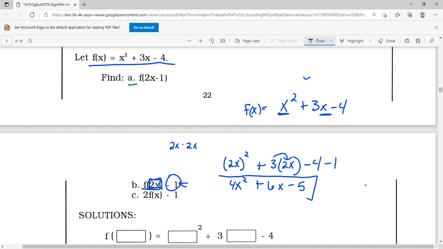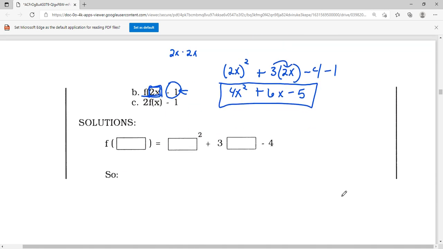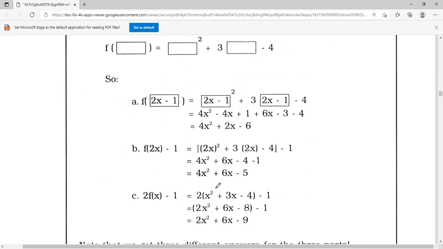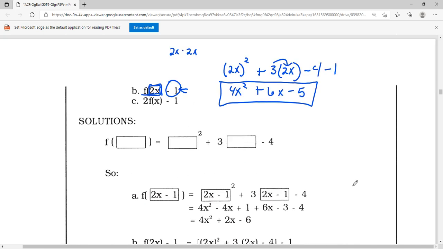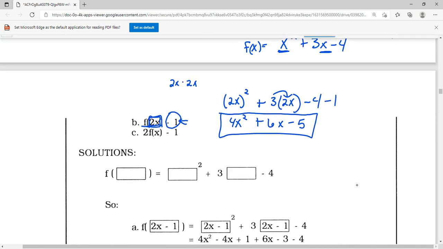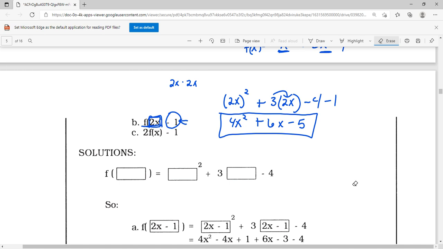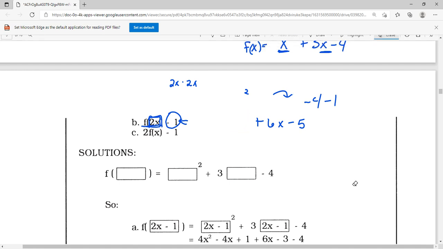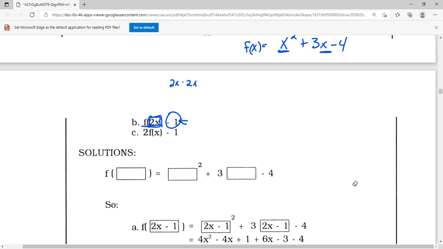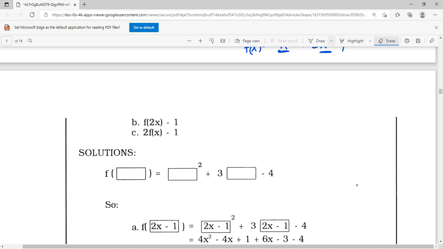And we can't reduce any further than that. That should be the answer. 4x squared plus 6x minus 5. Yep. Okay, so these are easier than you would think. You just have to make sure that you're replacing the right numbers. They might seem confusing at first, but they're not so bad.